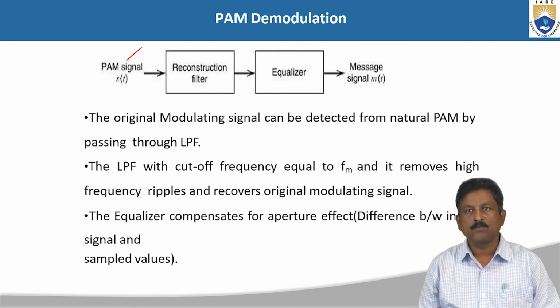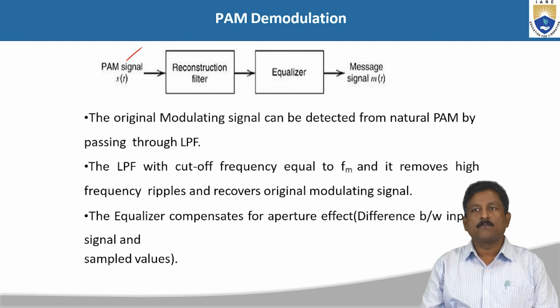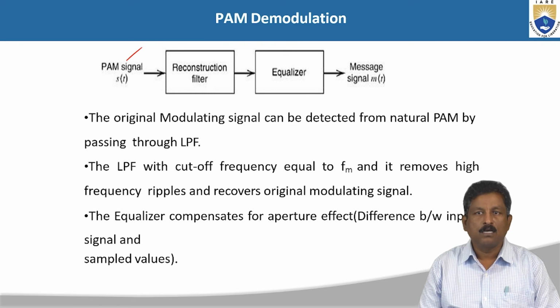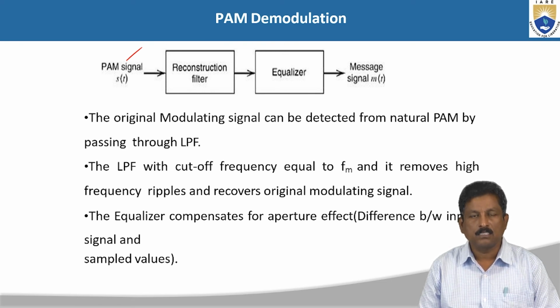So the equalizer compensates the aperture effect, that is the difference between the input signal and the sample values. Based on that difference between the input signal and the sample values, we reconstruct and realize the original modulating signal M of t.